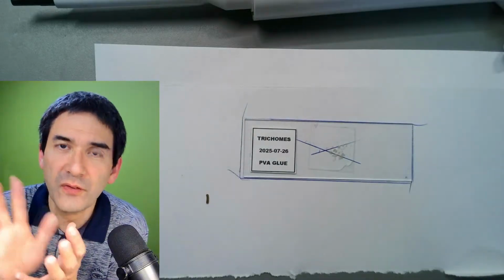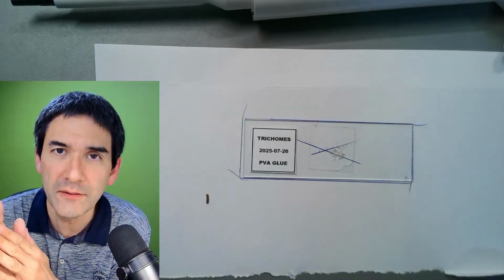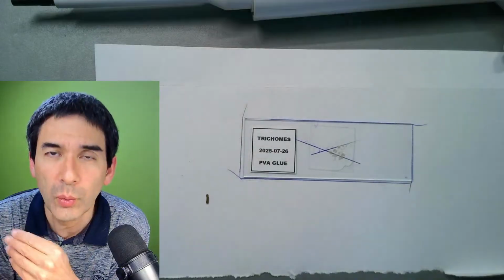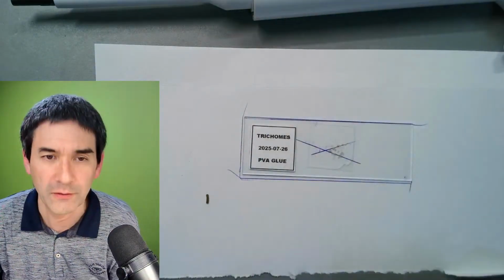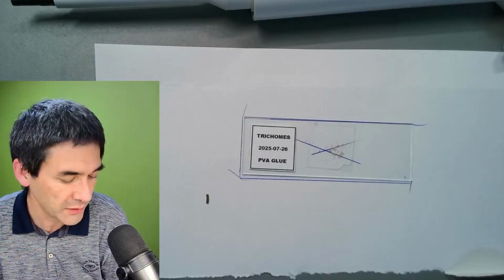If there is not this fuzz on the bottom side of the leaf, then the diffusion of water vapor is also reduced. So those plants sometimes have multiple functions.